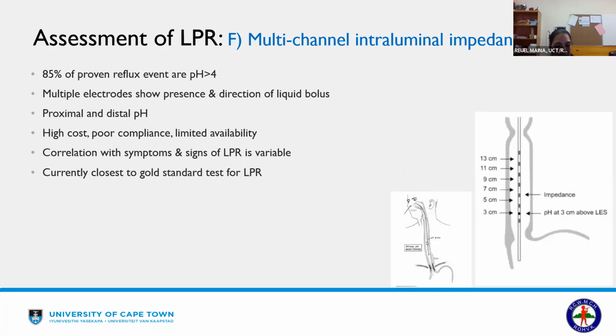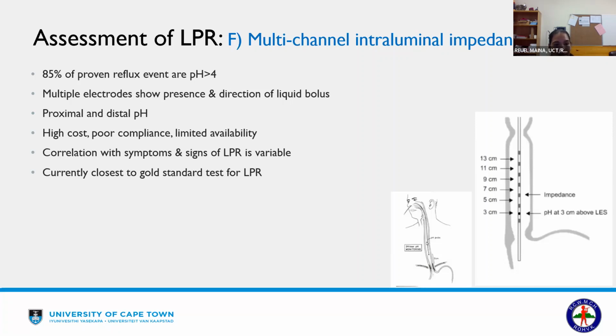This is done intraluminally and using alternating currents. It has been shown that 85% of proven reflux events have a pH of more than 4. It looks at multiple levels within the proximal and the distal esophagus, and that pH is measured.